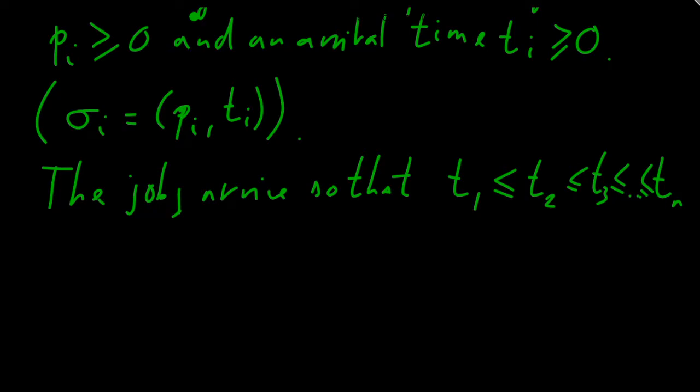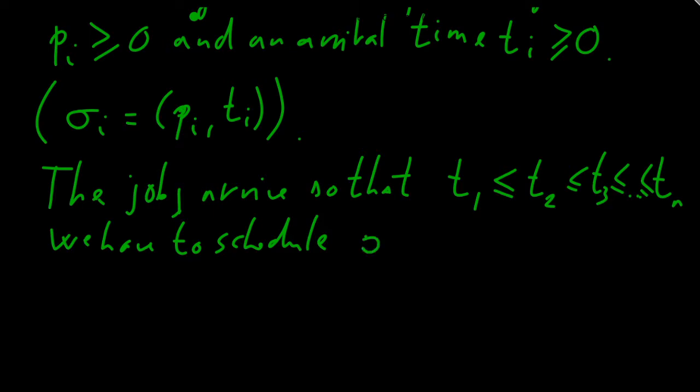So the jobs arrive in a non-decreasing ordering according to their timestamps or arrival times, and we have to schedule each job to a machine again.